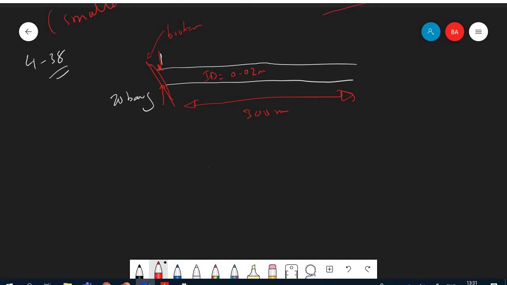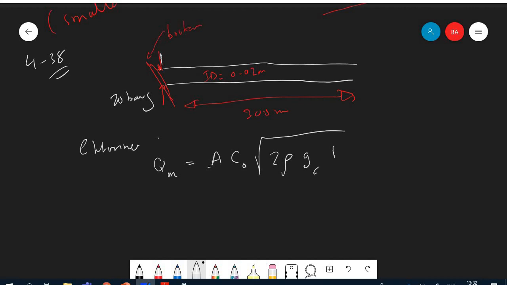So these are the information that I have. So I have chlorine, and if I want to solve this problem, we can say that it's like a hole in a pipe. So my equation, I'm going to apply the liquid in a hole equation, which is Qm = A C0 sqrt(2 rho gc Pg), and of course it wants the Qm, which is the flow rate.